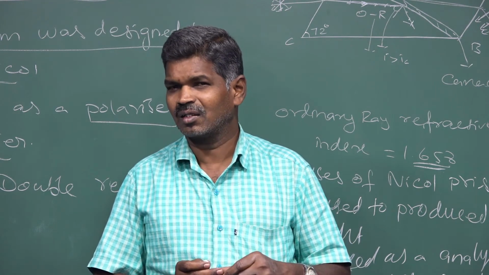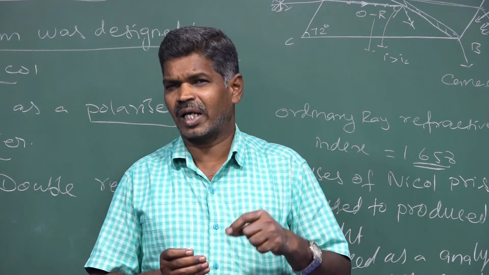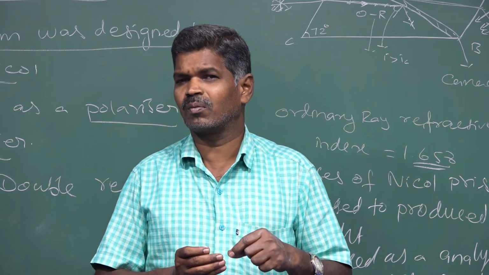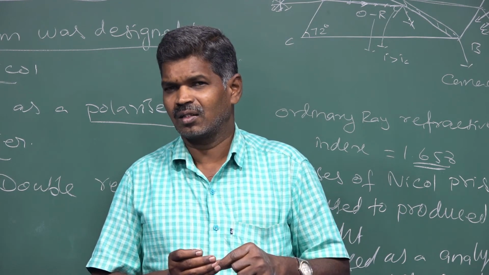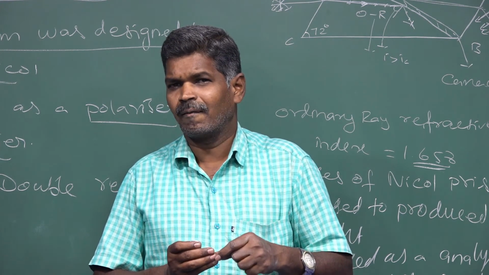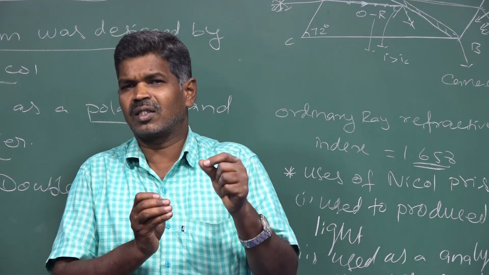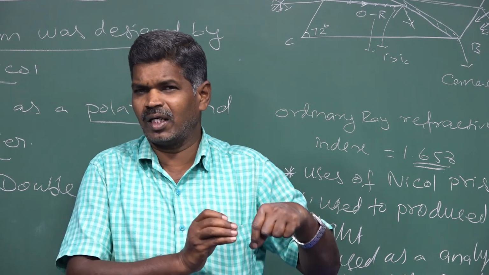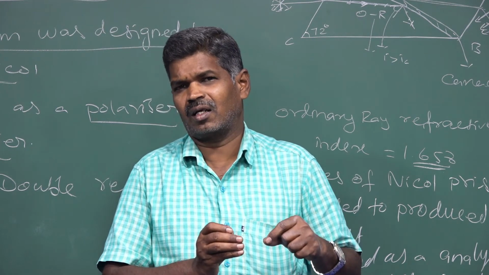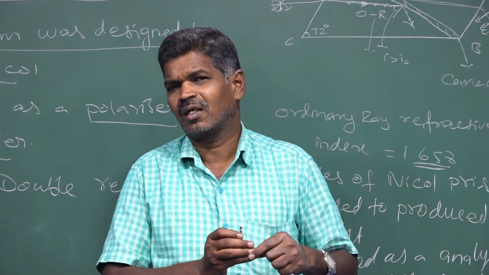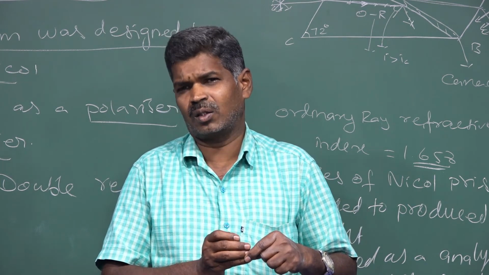What is the reason the ordinary ray is totally internally reflected? When the ordinary ray moves from the calcite crystal to the Canada balsam, it moves from a denser medium to a rarer medium. We know the calcite crystal refractive index for the ordinary ray is 1.65, and the refractive index for Canada balsam is 1.523.